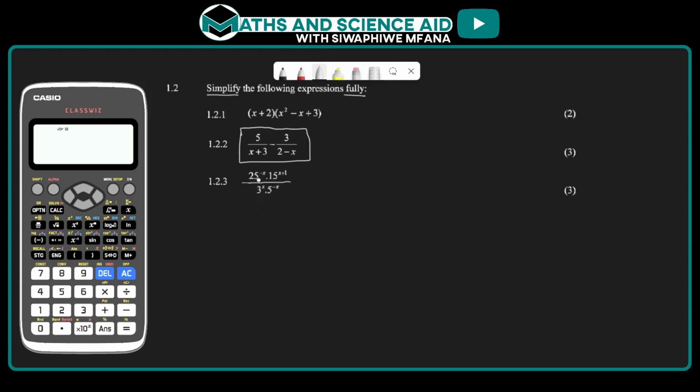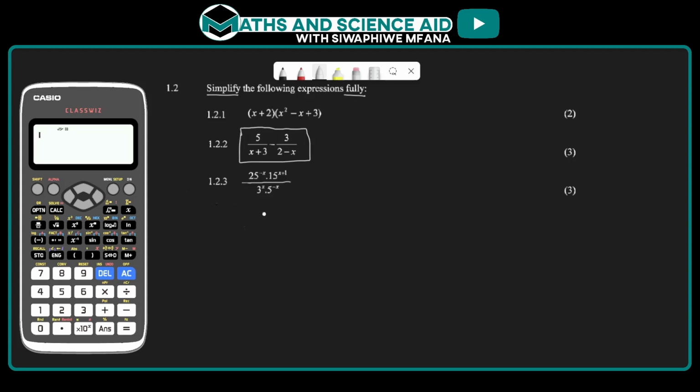So here we have 25 to the power of -x multiplied by 15 to the power of x plus 1, because that's what that dot represents there. It represents a multiplication. And so that divided by 3 to the power of x multiplied by 5 to the power of -x. And for this one, you need to know your laws of exponents.